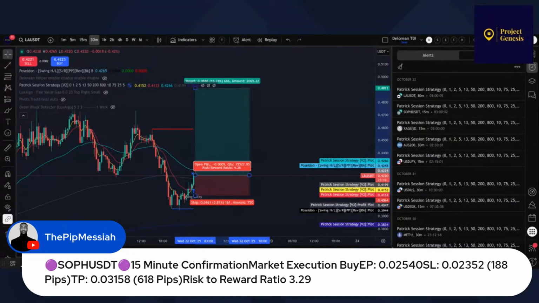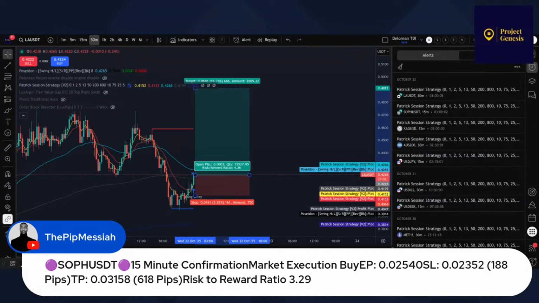Entry price is 42.25. Stop loss is 40.64. This is on the 30-minute confirmation.